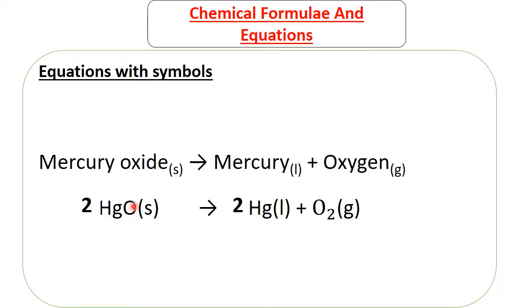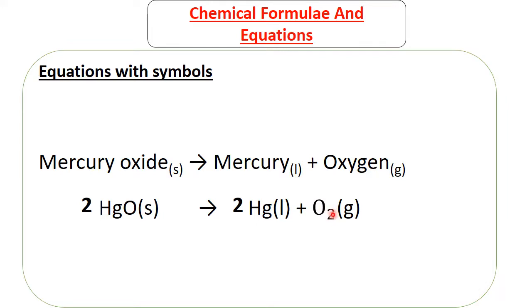Then we recheck the oxygen, because adding 2 can affect the oxygen if the oxygen was of course combined. But it's a very good practice to recheck. So mercury 2, mercury 2, oxygen 2, oxygen 2. So this oxygen here is 2 because of this 2, and oxygen here is 2.